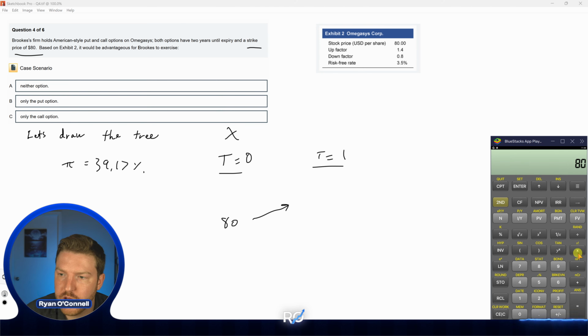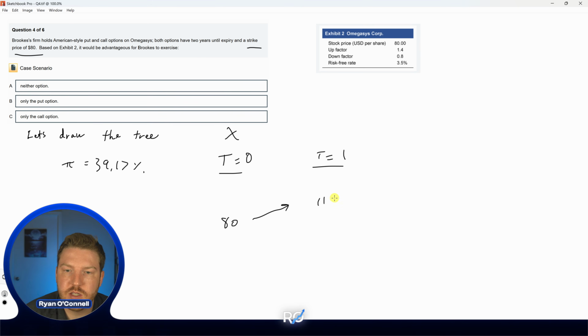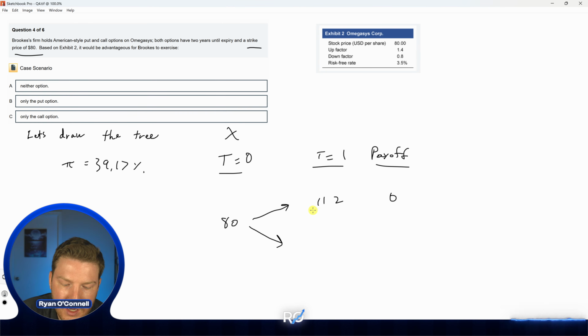So it's going to be 80 times 1.4 again, which is equal to, I think, 112. What's our payoff at time 0 basically? Because the stock price would be above the strike price, that would have no payoff at this time for that one. However, if it goes down, I think it was 80 times 0.8 essentially.